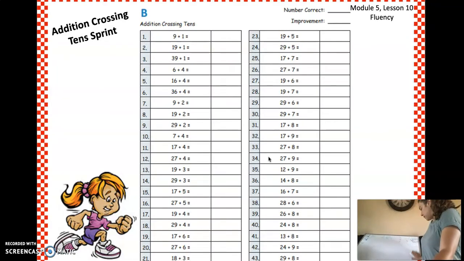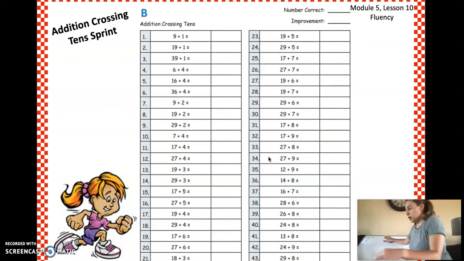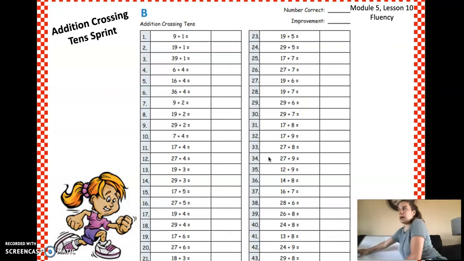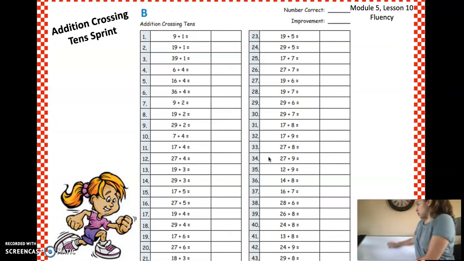Here's part B. For part B, your goal is to get 1 more than you did on part A. When you're ready, you're going to start your timer for 2 minutes. You're going to pause this video, and then you're going to come back so we can move on to the rest of our lesson. Alright, good luck everybody.